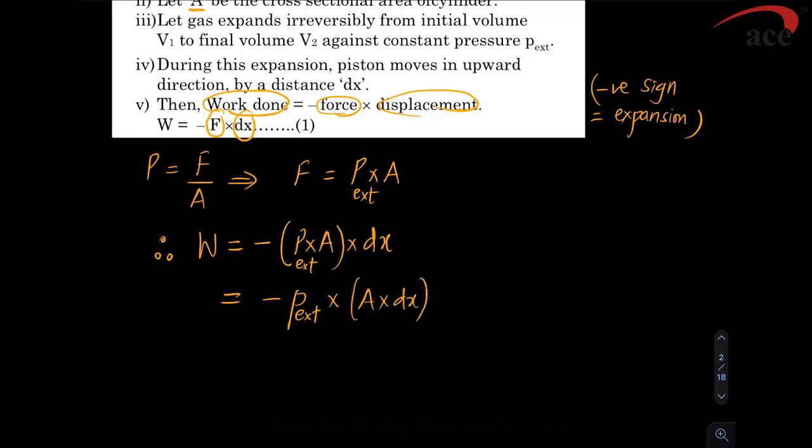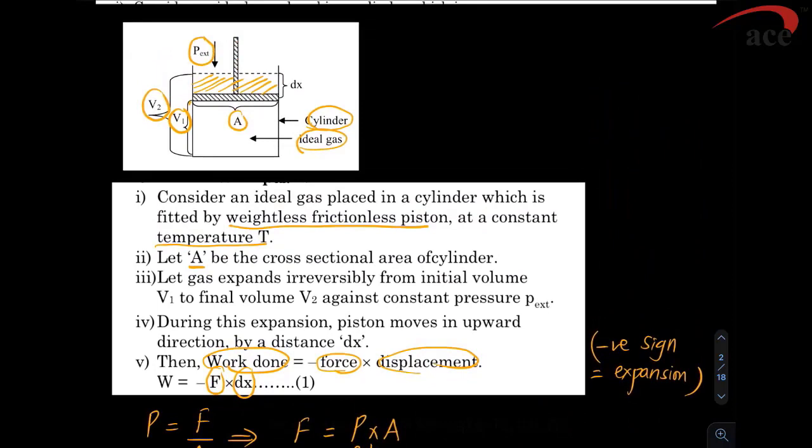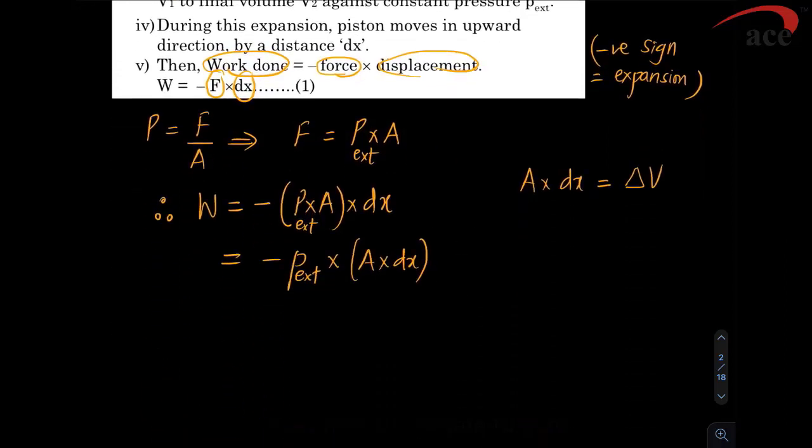We are aware area multiplied by dx is nothing but change in volume, which is given by final volume minus initial volume.